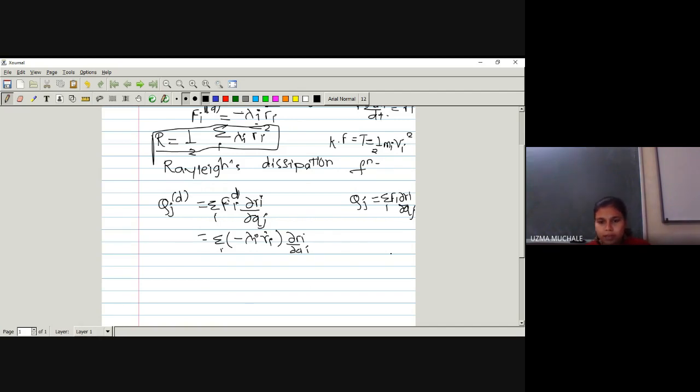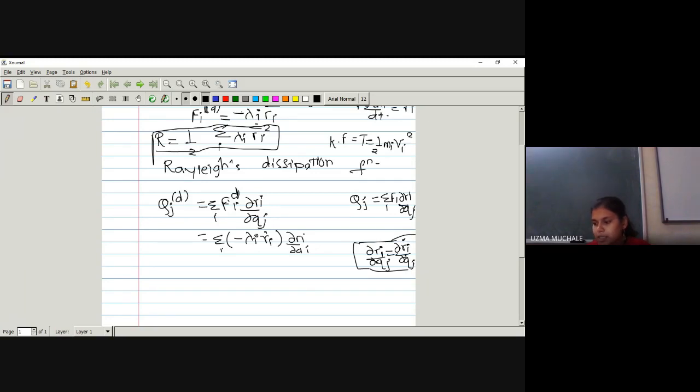Before going to the next step, we must know that while deriving Lagrange's equation of motion, we came to this equation, equation number 8. After equation number 8, we came to the relation dou Ri by dou Qj is equal to dou Ri dot by dou Qj dot.